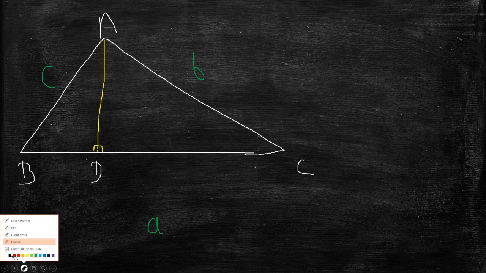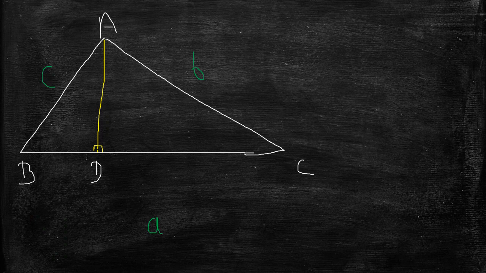Now in triangle ABD, this is my right angle triangle, and this will be angle B. So cos of B will be equal to the length of BD upon the hypotenuse, which is c. So from here I can get the value of BD, and BD will be equal to c cos B.